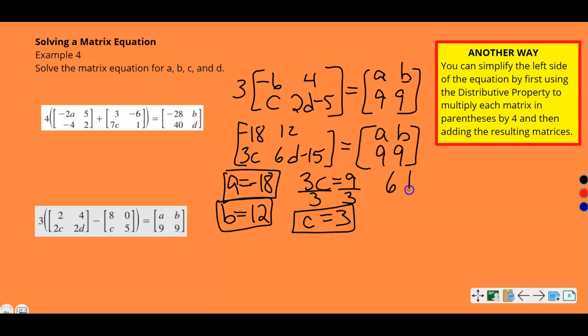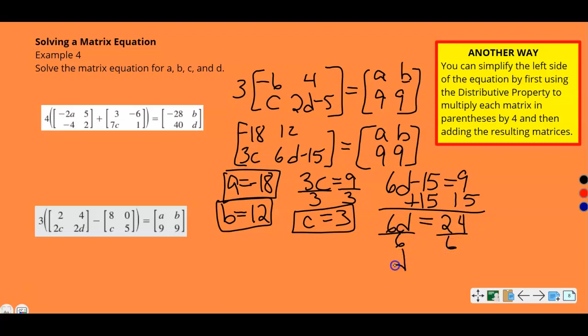And then I've got 6D minus 15 equals 9. I'm going to add 15. 6D equals 15 plus 9 is 24. And then divide by 6. D equals 4. All right, so we were able to find A, B, C, and D again.